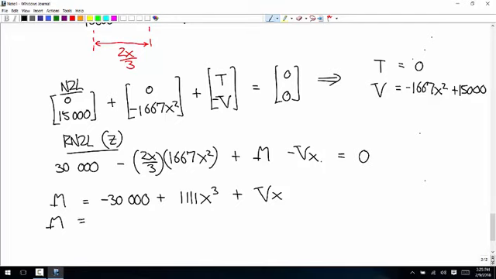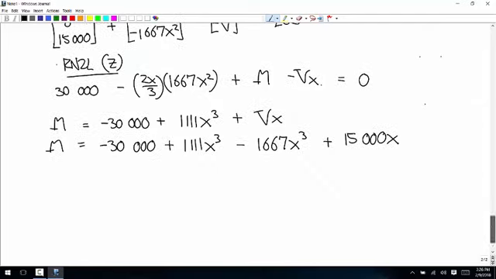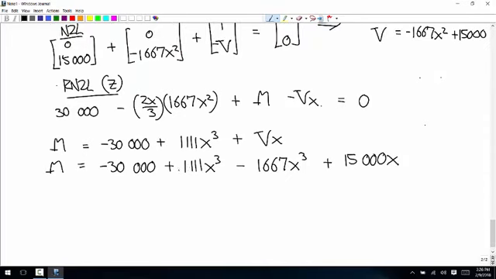And we can substitute the function that we got for v in that equation. So we get negative 30,000 plus 1111x³ minus 1667x³, because we're multiplying v times x, plus 15,000x. And we can group the two x³ terms.